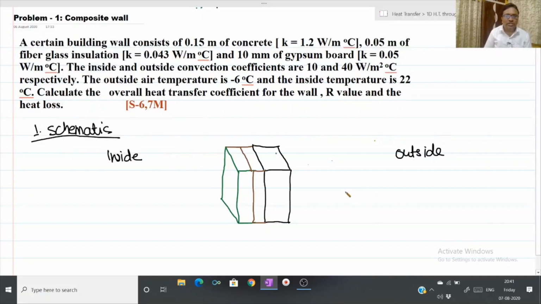So this is the concrete wall, then fiberglass insulation, and the third material is gypsum board.